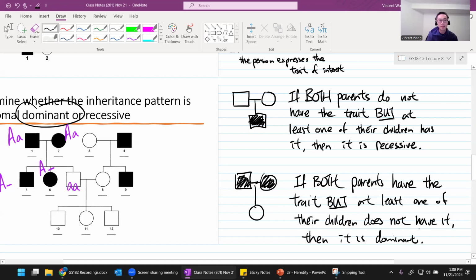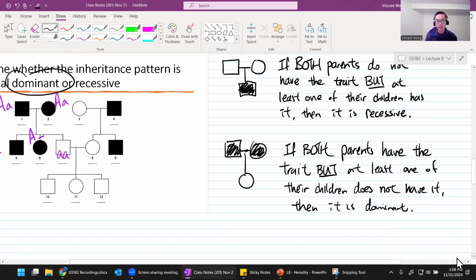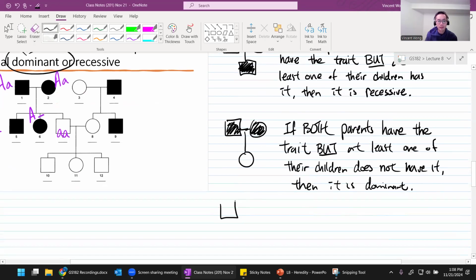Sometimes it's inconclusive though. Like if you see this, so this is a family of four. Everybody has the trait.